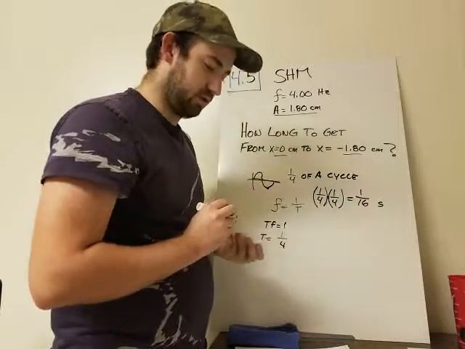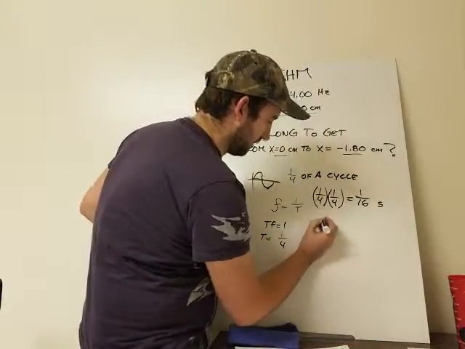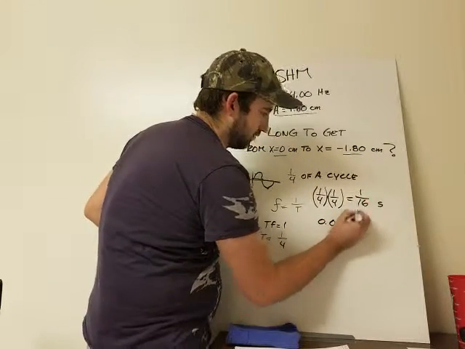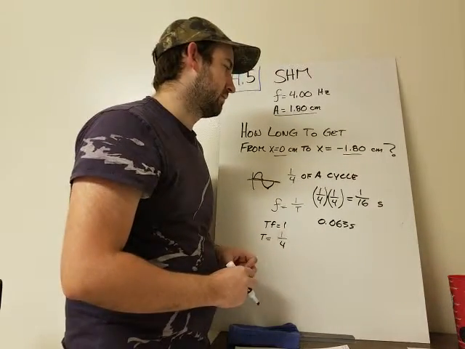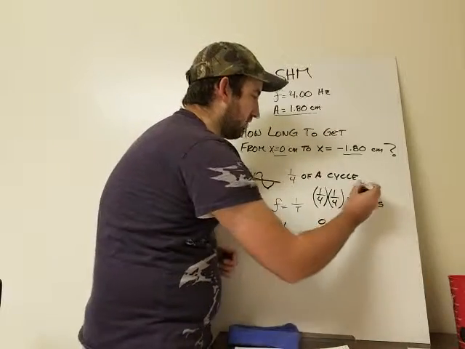If you want to go further in decimals, it's about 0.063. So either way, I like 16ths, especially when I'm working with waves and stuff. I like to keep it in fraction form if I can.